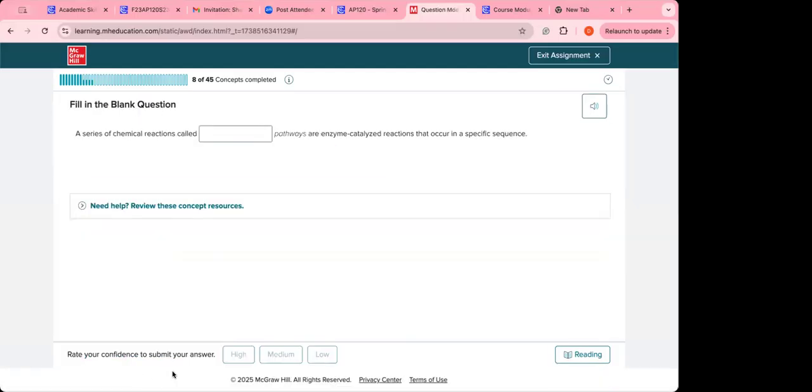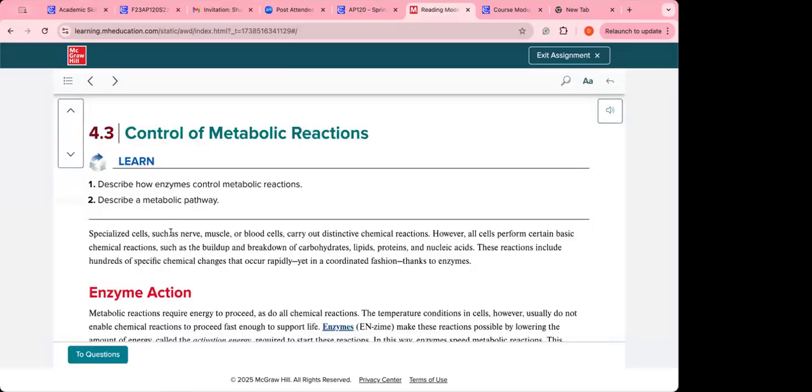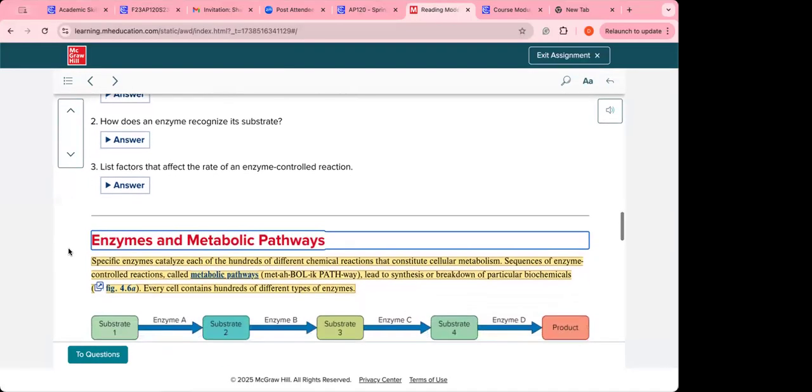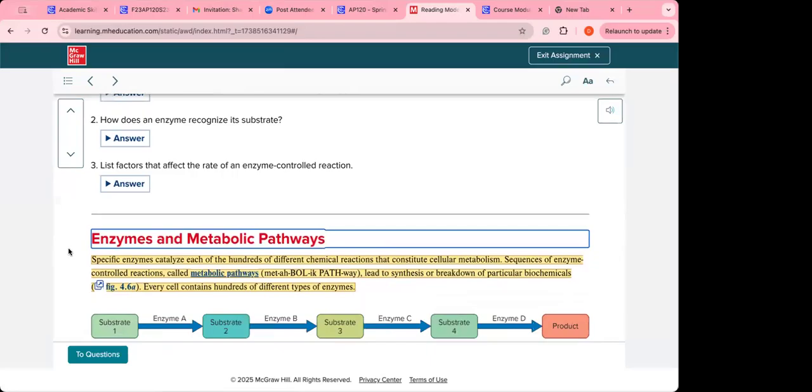A series of chemical reactions called blank pathways are enzyme catalyzed reactions that occur in a specific sequence. Okay, so here it is.